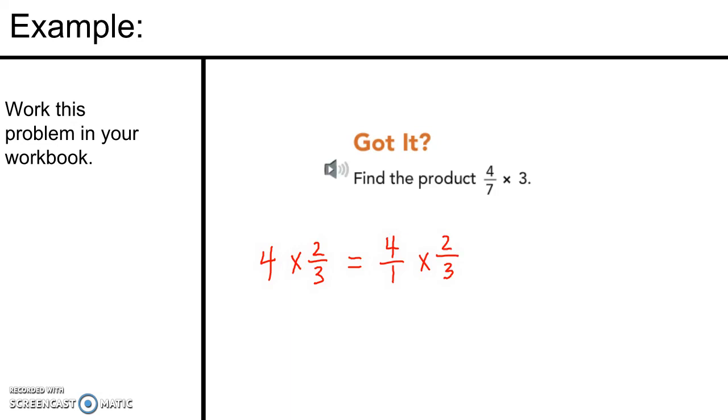And now you would multiply your numerators. 4 times 2 is 8. 3 times 1 is 3. You have an improper fraction, so you say that 3 will go into 8 2 times, which is 6. You have 2 left over, and your denominator stays the same. So 2 2/3 is your final answer. So you need to remember when you work the problem here that you put a 1 under your 3, which is your whole number, before you start.